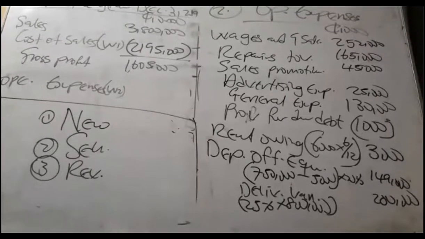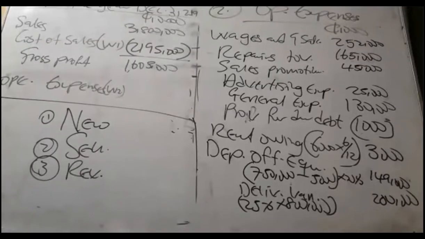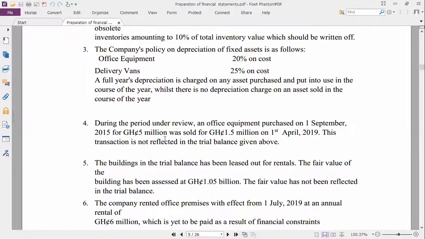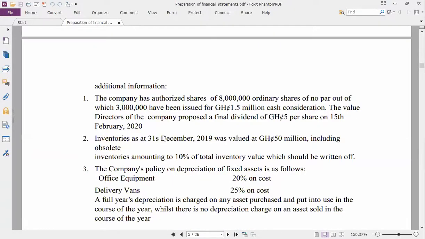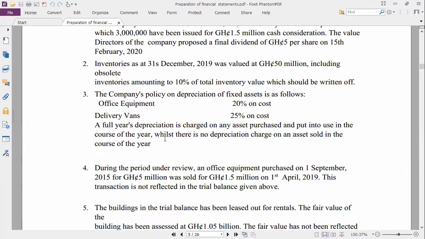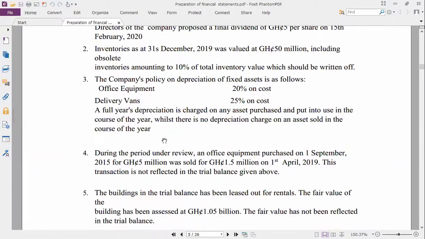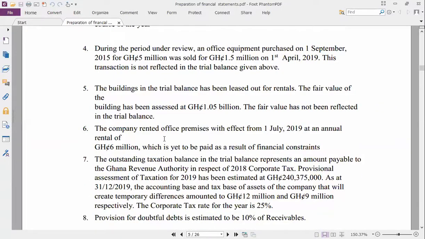Okay, so let's scan through the footnote and see if there is any other item we've not arranged. As soon as you are done with operating expenses, you finish the question in 5 minutes. Great, that's all.